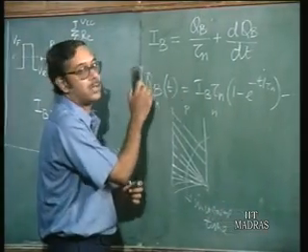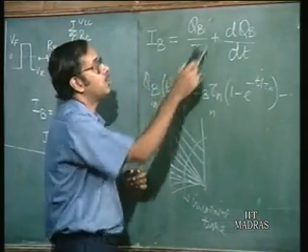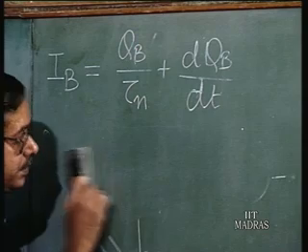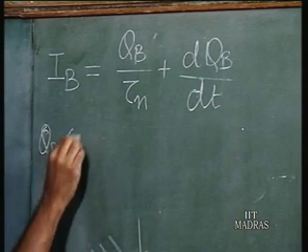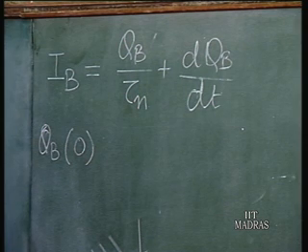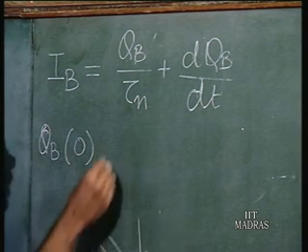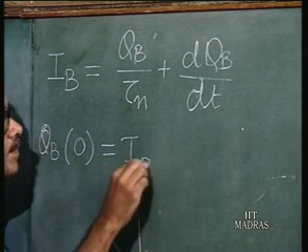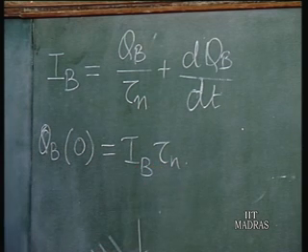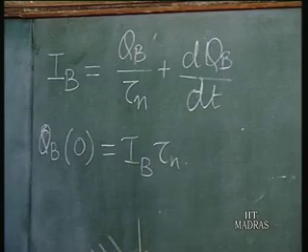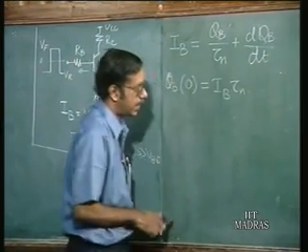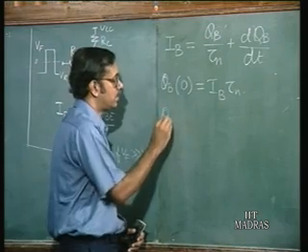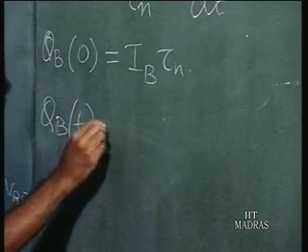You solve this same equation, that is IB equal to QB by tau n, and the initial condition is QB 0, that is the base charge at time 0, equal to IF tau n. Now if you solve this equation, again I am not solving this equation for you, you can very well do that.